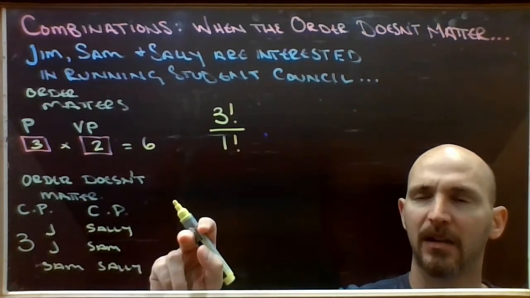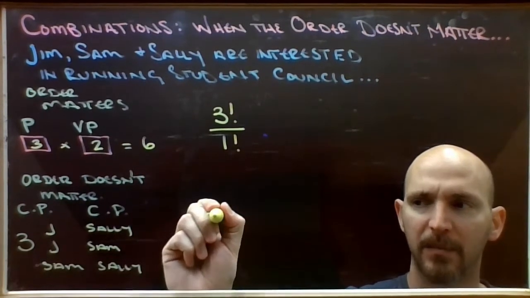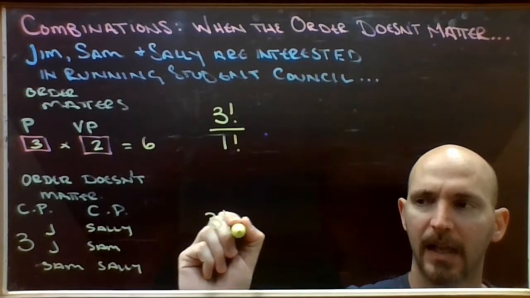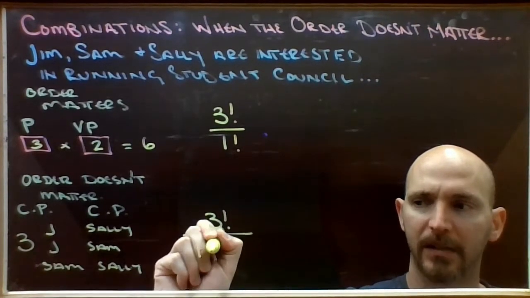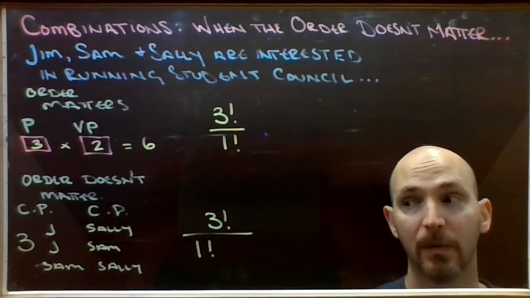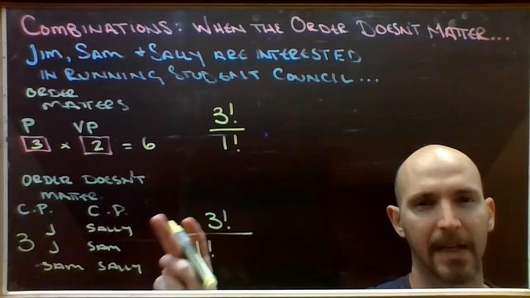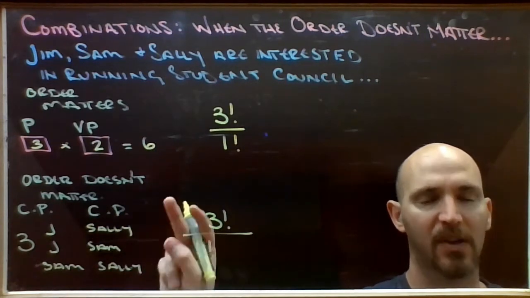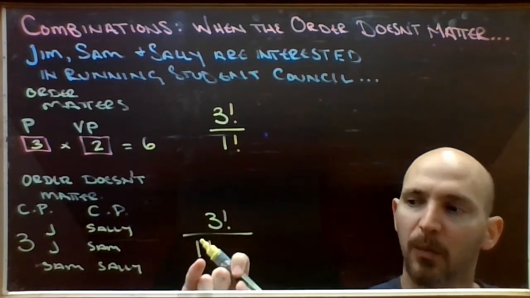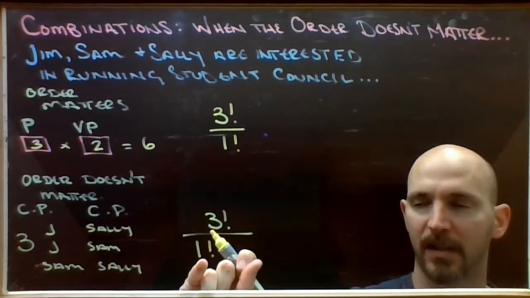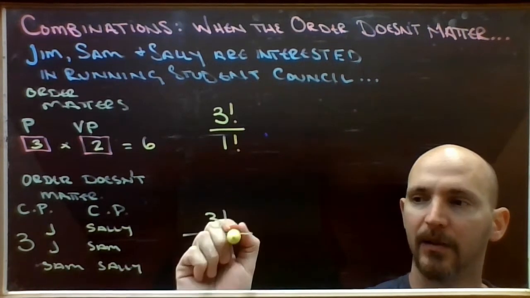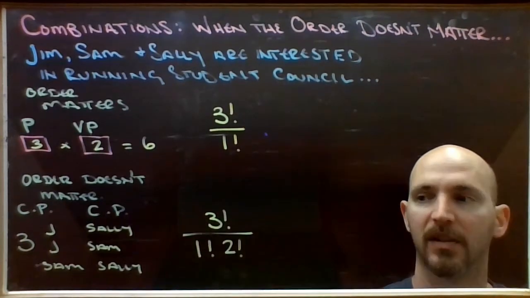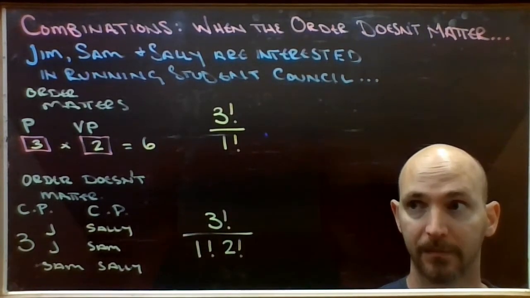So down here, I still had 3 people running, and I still left 1 behind. But what's new this time is that the 2 that I kept, I need to discard their orderings. Well, if this discarded the orderings of the ones I left behind, then this must discard the orderings of the ones that I keep.